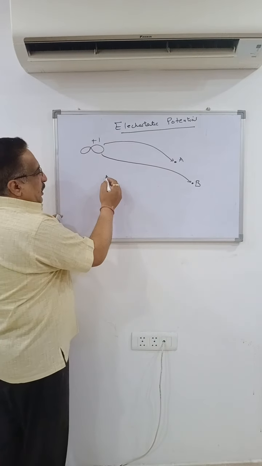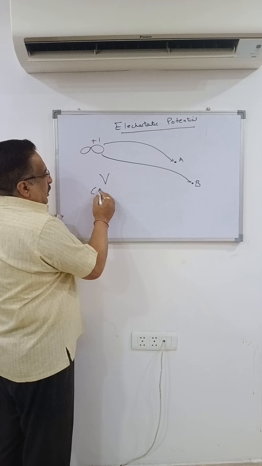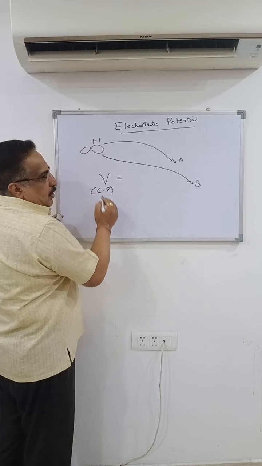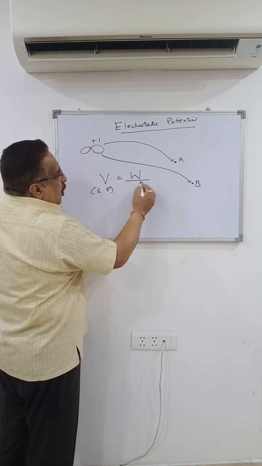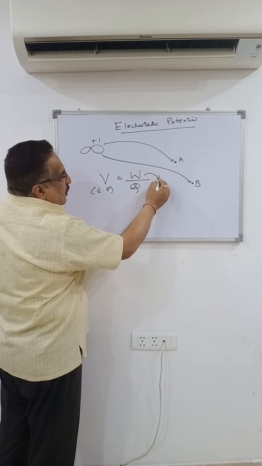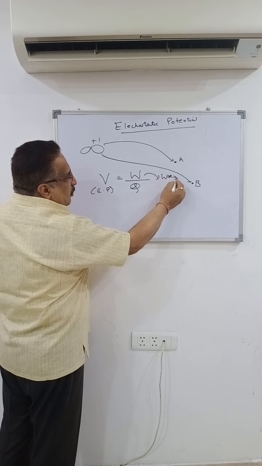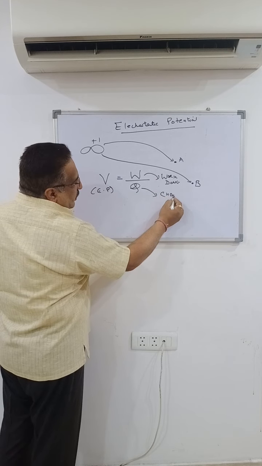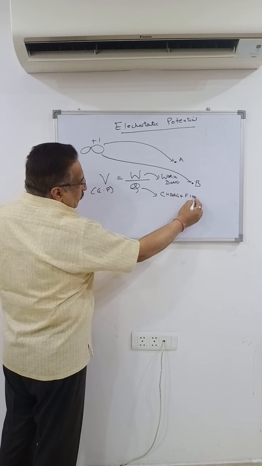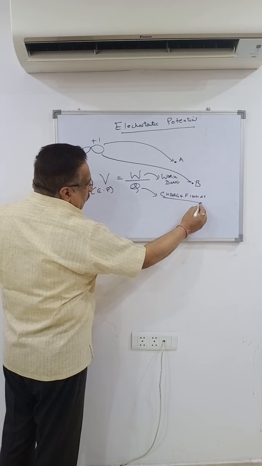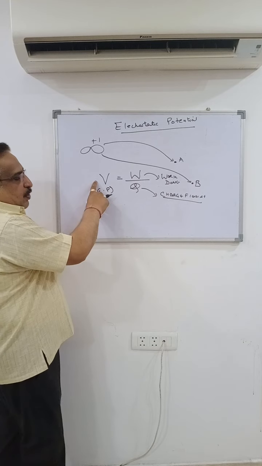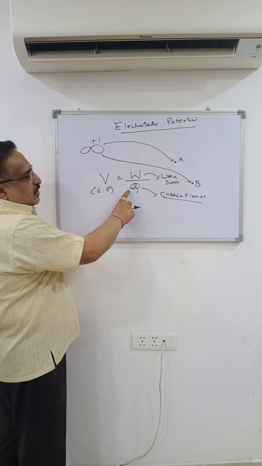Electrostatic potential is denoted by V. V is equal to W upon Q, where W is the work done while Q is the charge flowing. V, the electrostatic potential, is equal to work done upon charge.